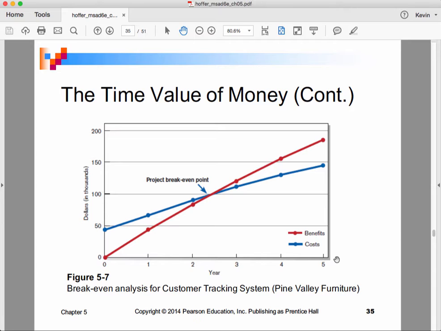Maybe a management team that already feels that they're on the ropes and needs to prove themselves in the next year wouldn't be signing up for something that's not going to turn positive for 2.5 years. So that's always a consideration. So break-even analysis is pretty insightful stuff.